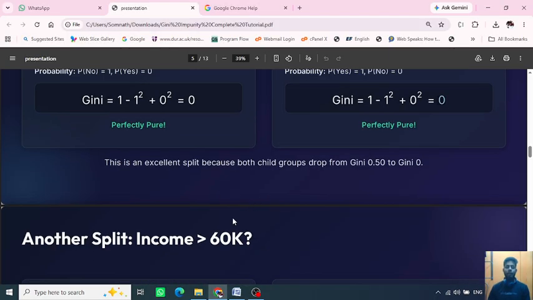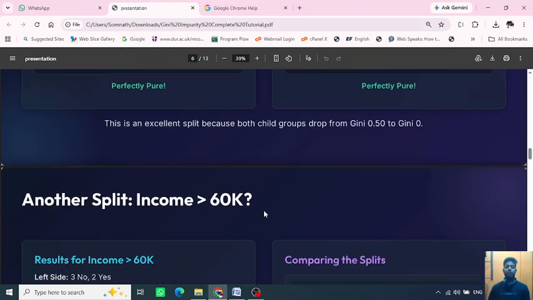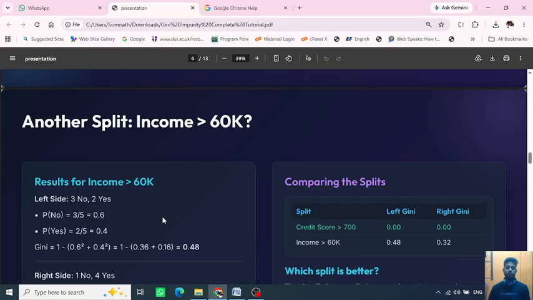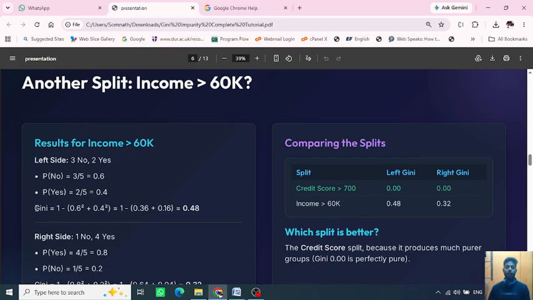Now let's say another split, like income greater than 60K. In this case, the left side contains 3 No and 2 Yes. So the probability of No is 3 by 5, 0.6, and the probability of Yes is 0.4. Apply the Gini equation, and the calculated Gini is 0.48.